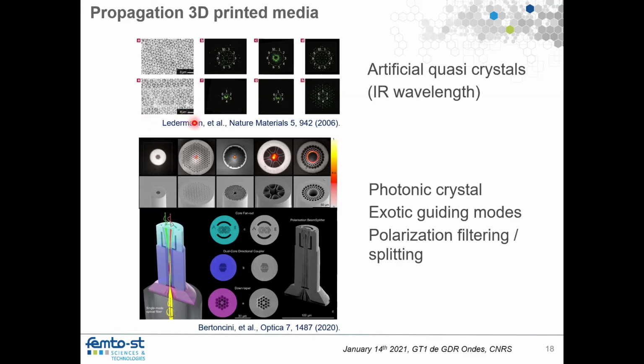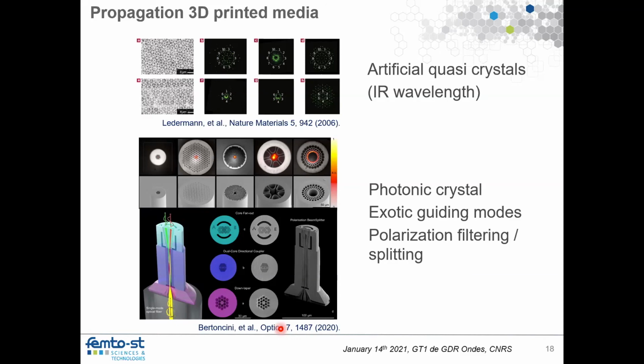This was actually demonstrated and realized already in 2006 by, let's say, one of the pioneers within the field of 3D 2-photon polymerization printing, Martin Wegener in Karlsruhe. They printed some really interesting structures, so quasi-crystals, and then they investigated the scattering spectrum from these structures.